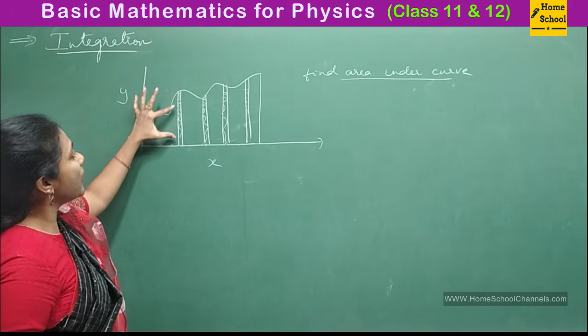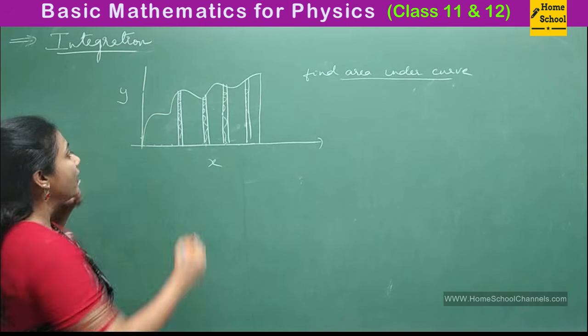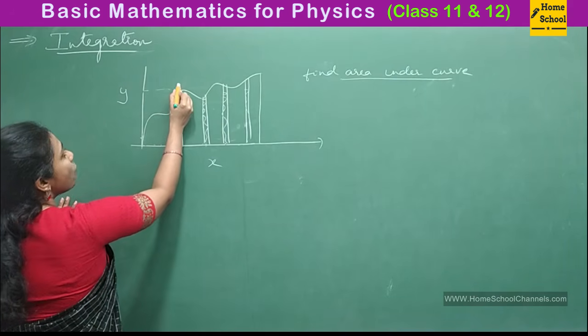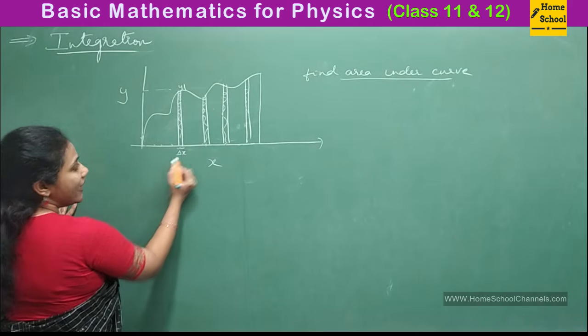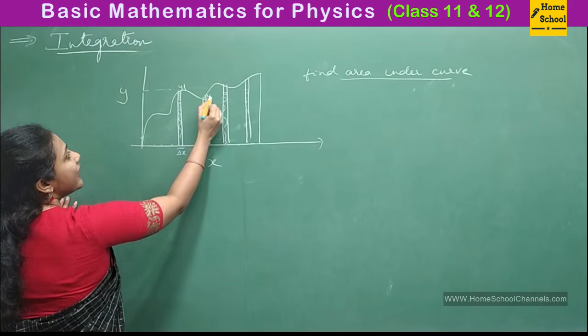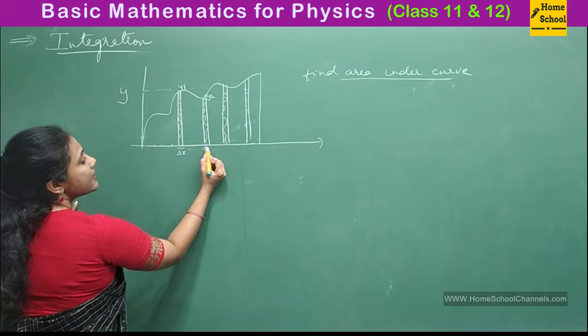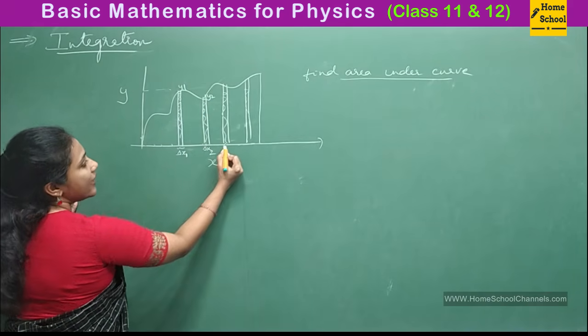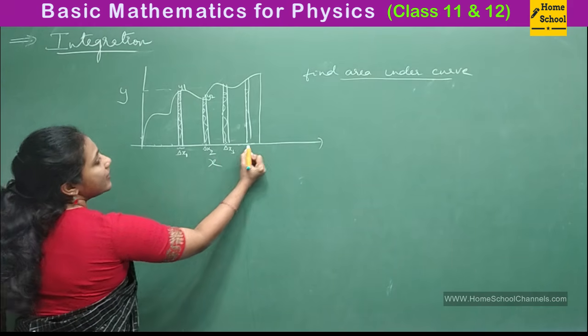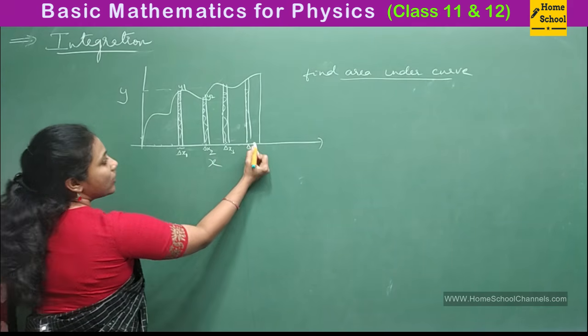Now it is the shape of a rectangle, right? This is y1, and this difference, let it be delta x, and this is y2. So this is delta x1, this is delta x2, this is delta x3, this is delta x4, right?